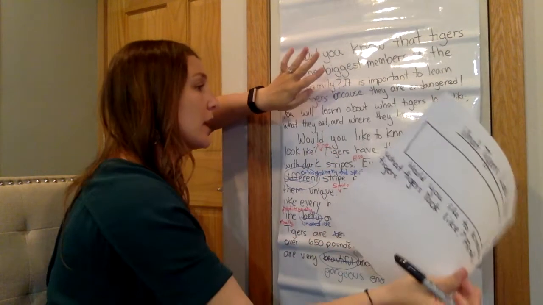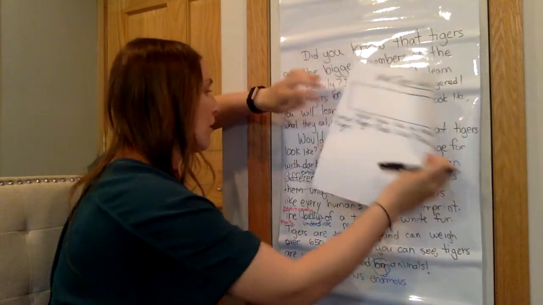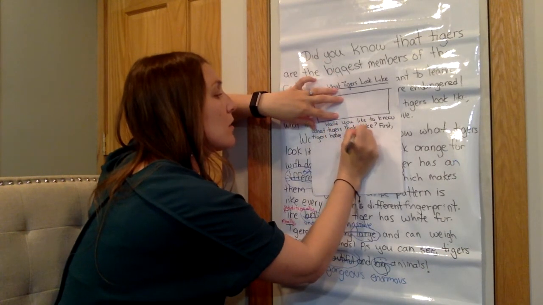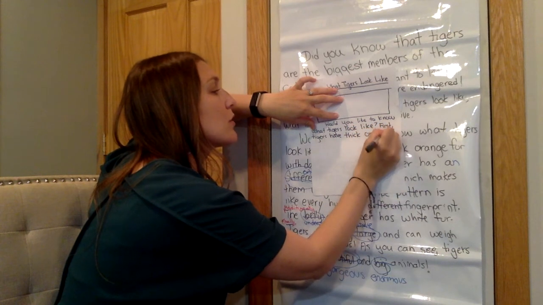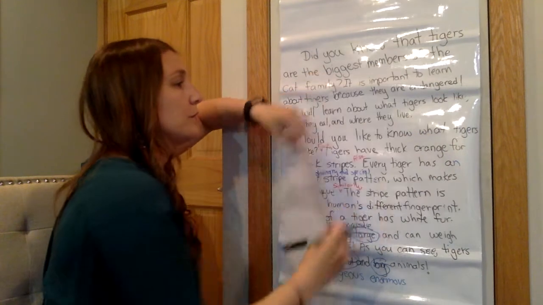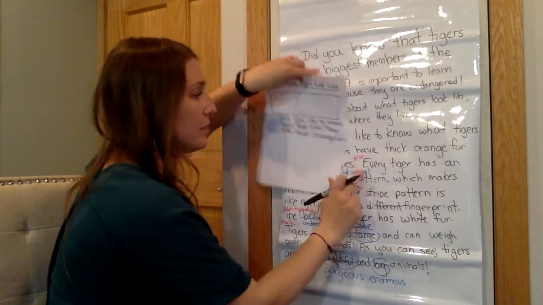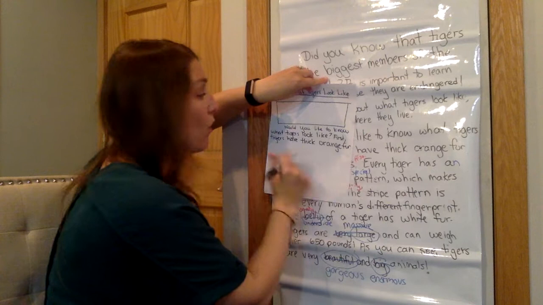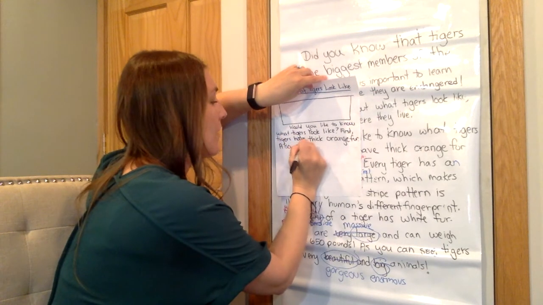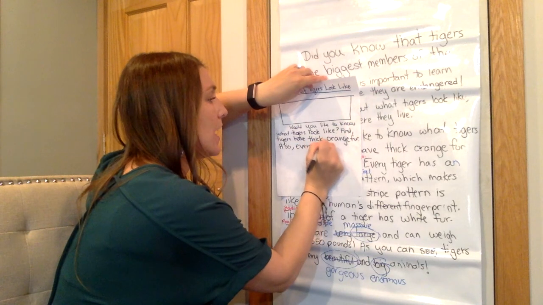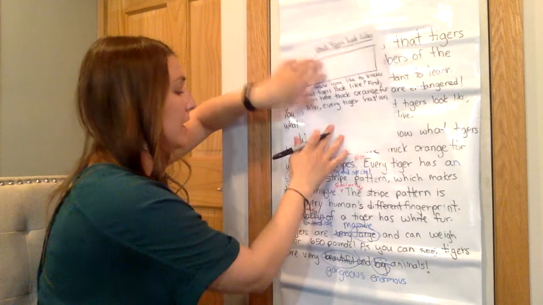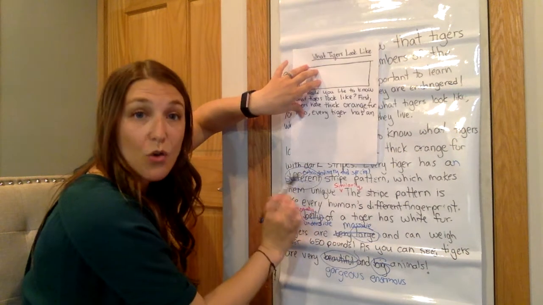Tigers have thick orange fur. Also, see how that's something that I added in there. Also, every tiger has, and I'm not going to write different because I crossed that out.